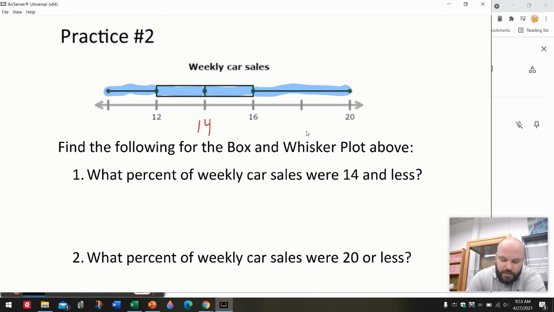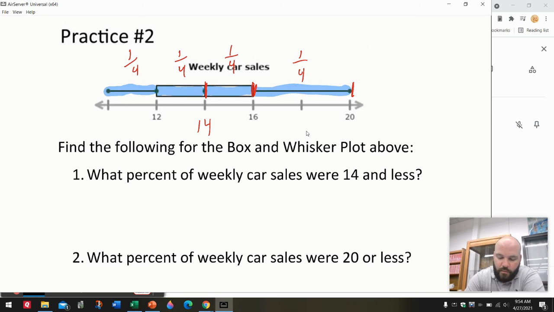Each half of the box and each whisker represent 1/4 of all the points. Now, the length, how long it is from here to here versus here to here, shows you how spread out our data is.